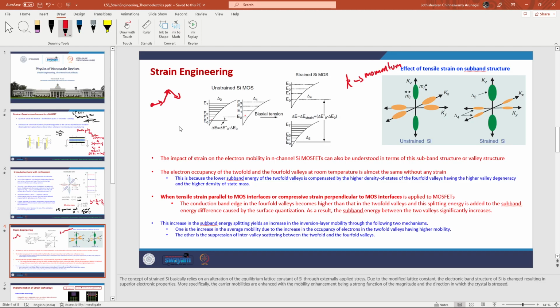Since there is low electron scattering, there is high electron mobility. Since there is high electron mobility, we have better conduction and therefore better IV characteristics. That is the fundamental aim of doing strain engineering in semiconductor devices.